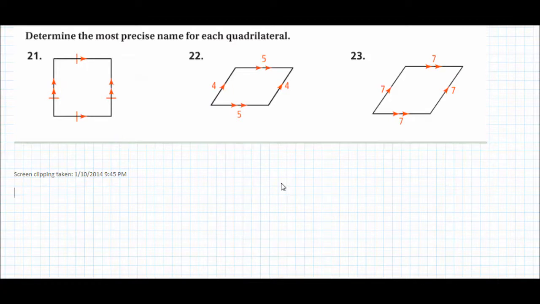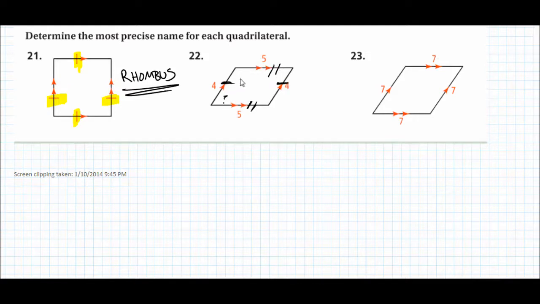Determine the most precise name for each quadrilateral. Okay, looking at 21, what we do notice is all 4 sides are congruent. We cannot tell anything about the angles, so the best we can tell is it's a rhombus. 22, we can tell right now not all 4 sides are congruent.